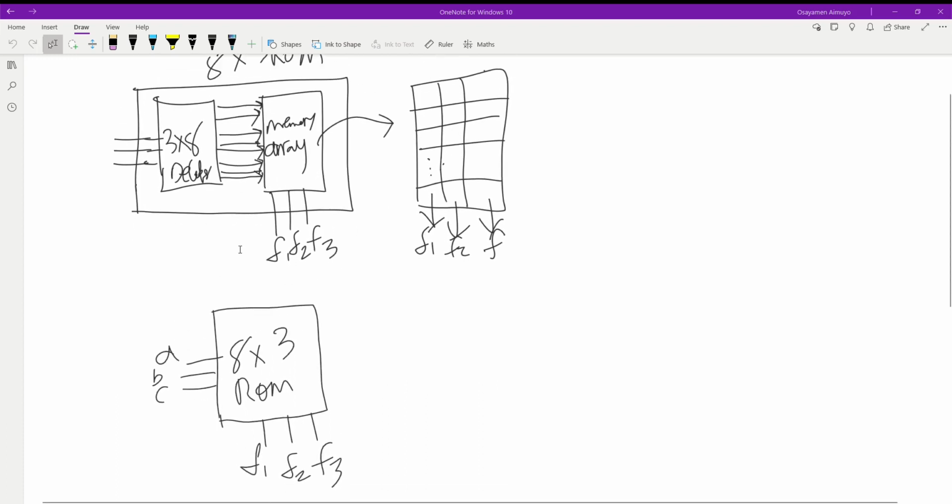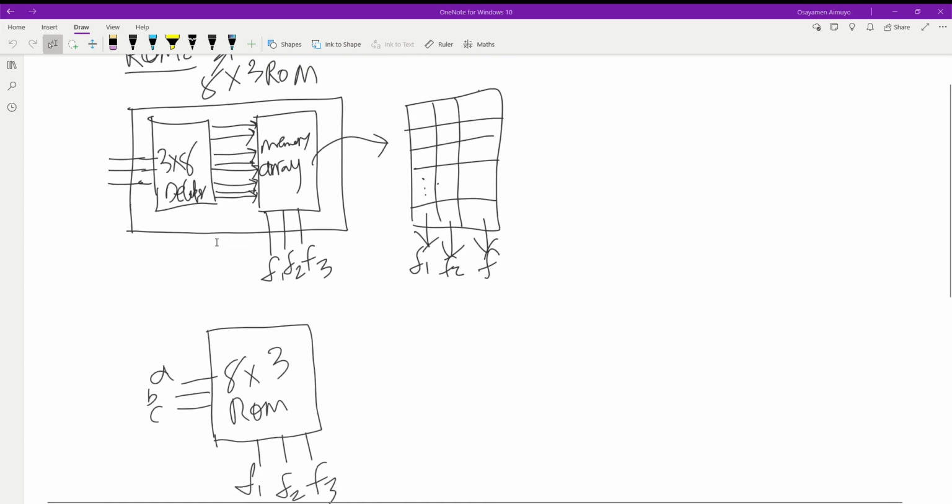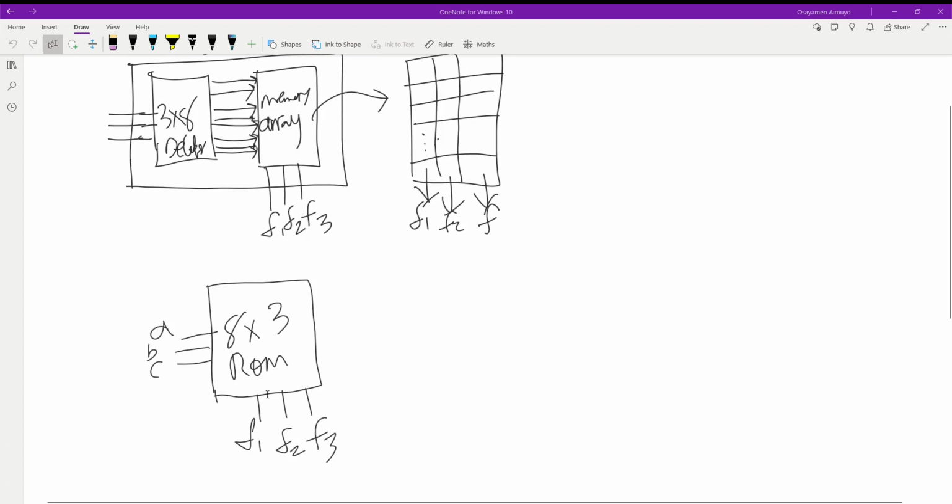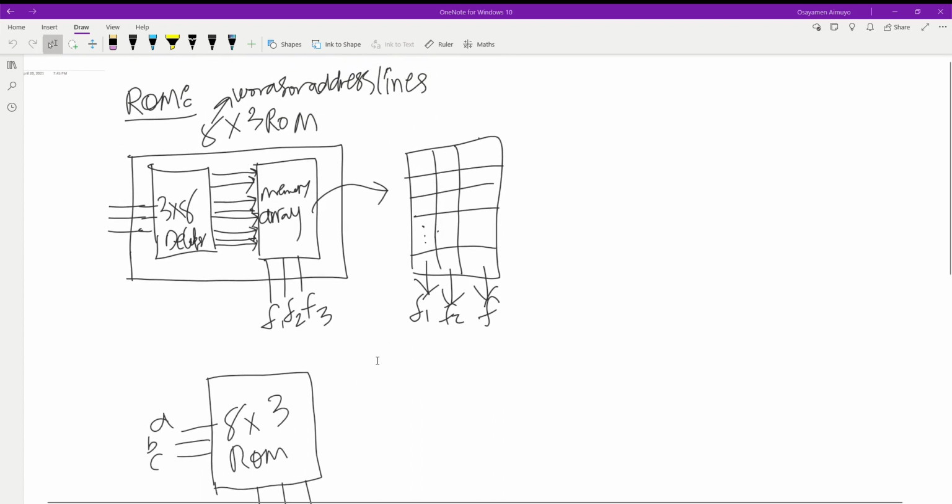So this is the innards of a ROM. A ROM is usually written in this form. You can have multiple outputs, or you can have one. Basically, a ROM is a hardware lookup table, so you can program it to embody your truth table, and your outputs work according to the truth table.